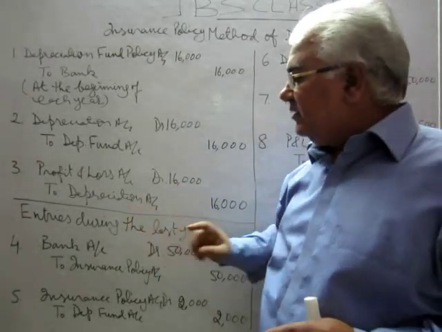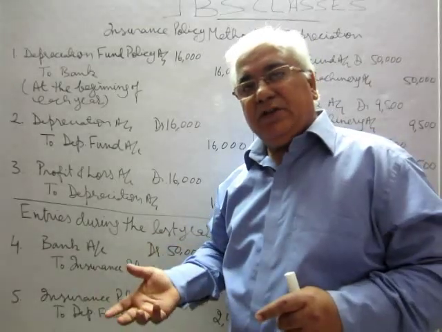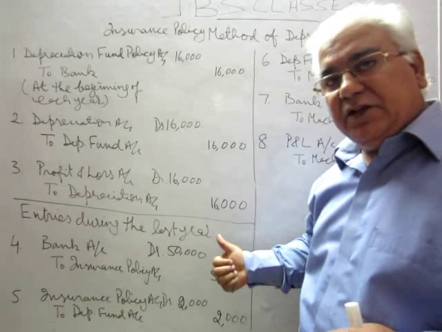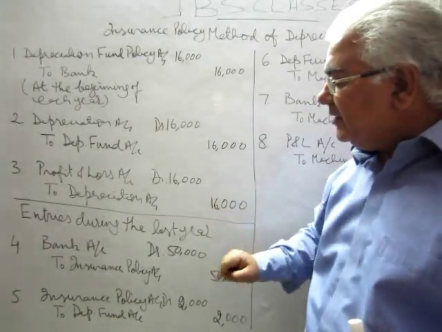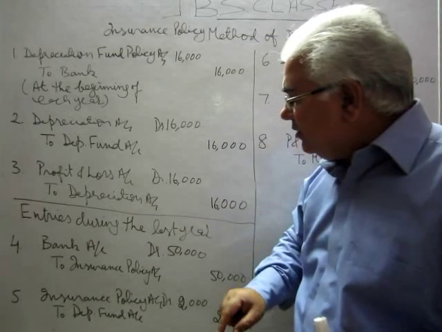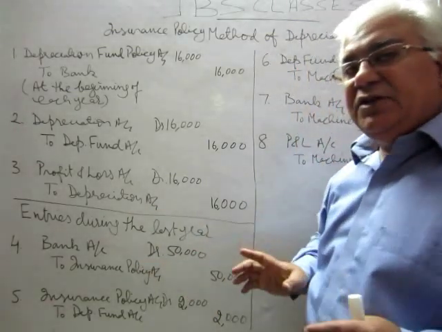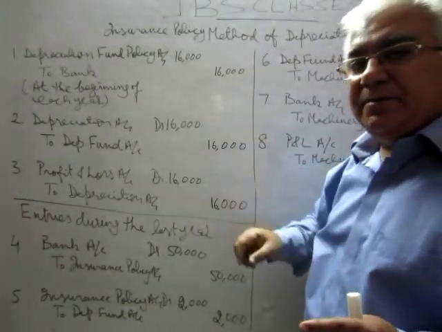Other entries to be made are, first of all, you will realize the insurance policy. Like in this case, we had insured it for 50,000. So when we get money from the insurance company, the general entry is bank account debited to insurance policy account 50,000. And you see, in all these 3 years, we have been paying 16,000 as premium.